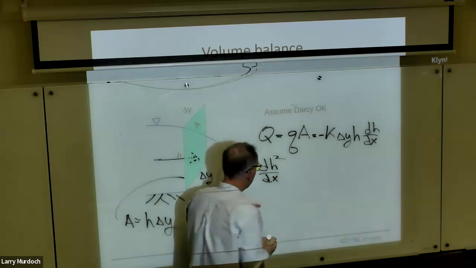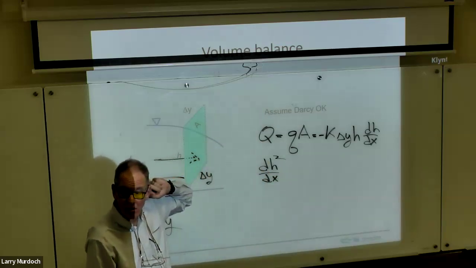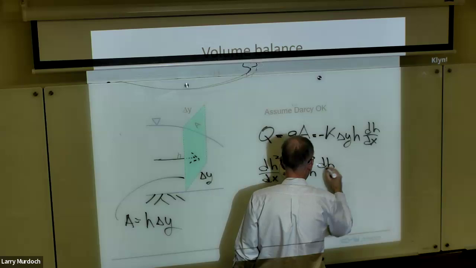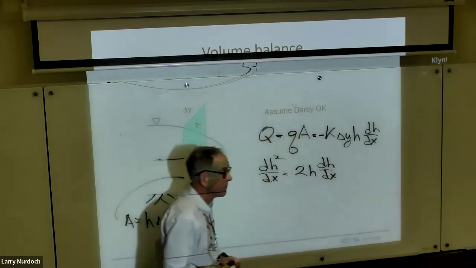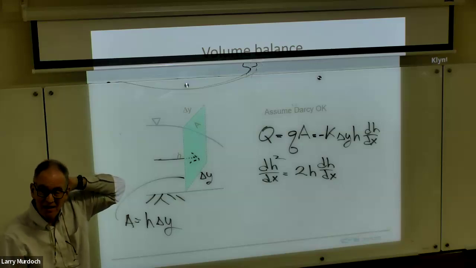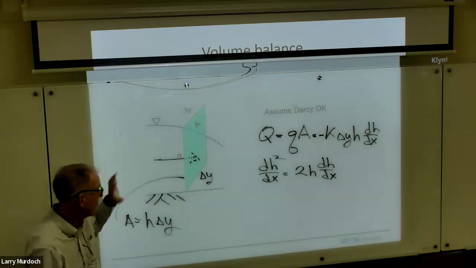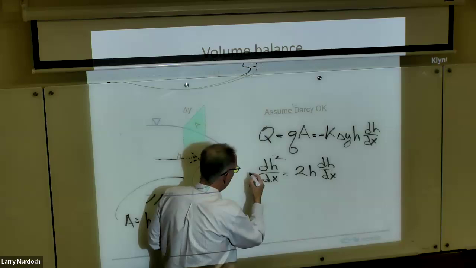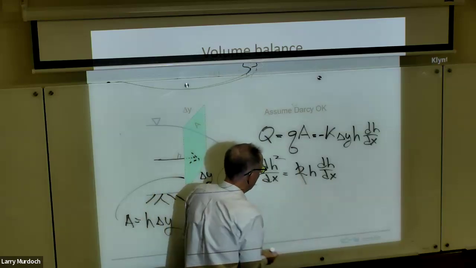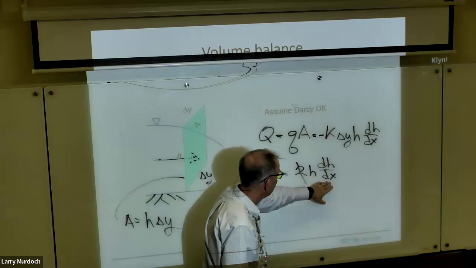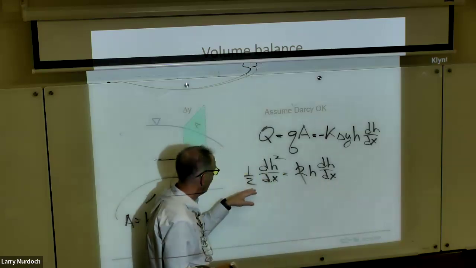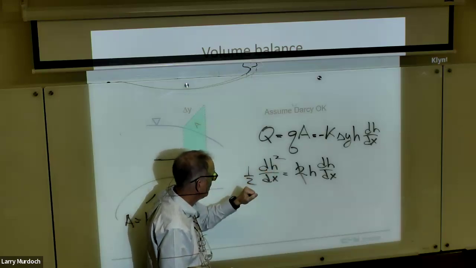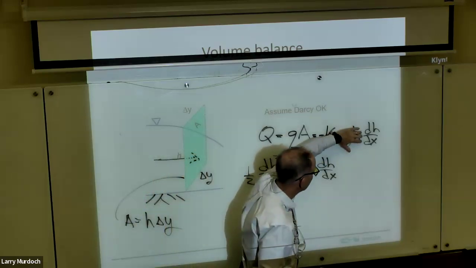take the derivative of h squared. Remember from calculus? If I divide by 1/2, then h dh/dx is equal to 1/2 the derivative of h squared with respect to x.